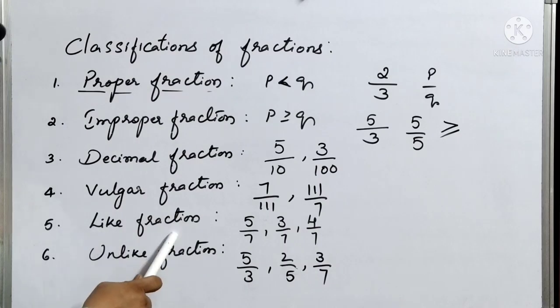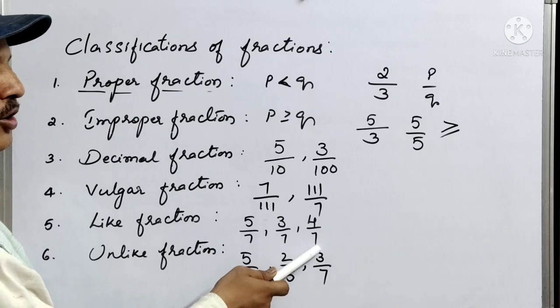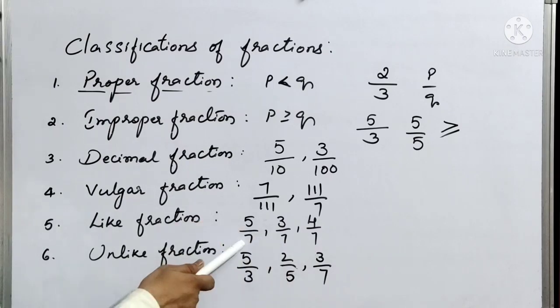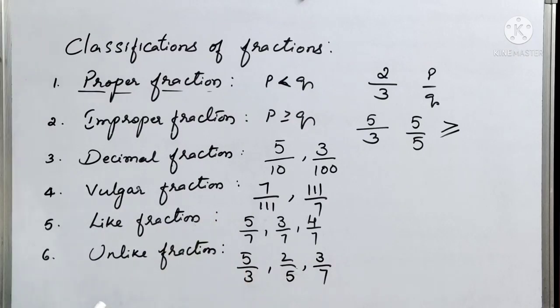Like fractions means all the denominators in the given fractions should be the same. Unlike fractions have different denominators; they will not be the same. Okay, now there are more classifications of fractions.